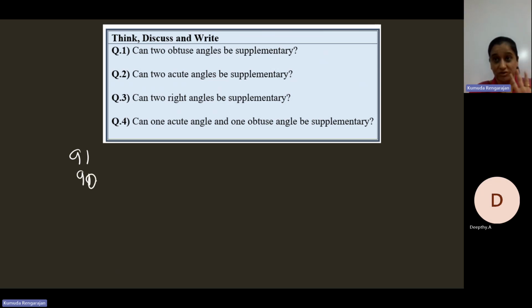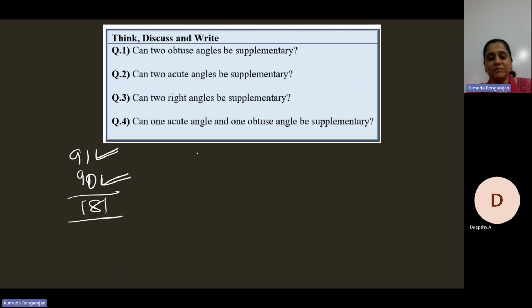Even if you take 90 for the other, you will still get 181. So a combination of an obtuse angle and a right angle itself cannot be supplementary. This is a right angle. This is an obtuse angle. This combination cannot be supplementary.